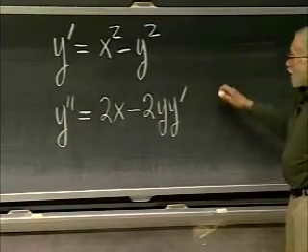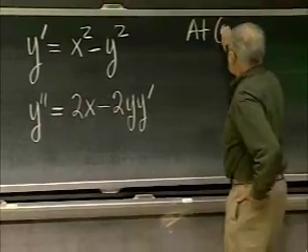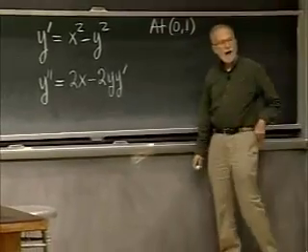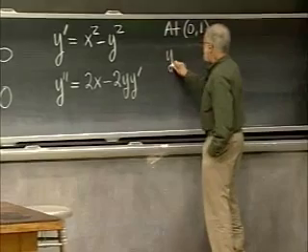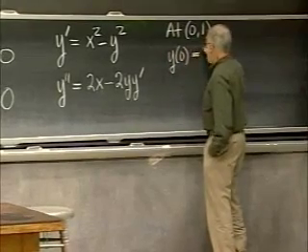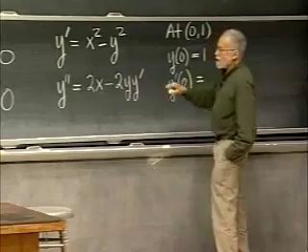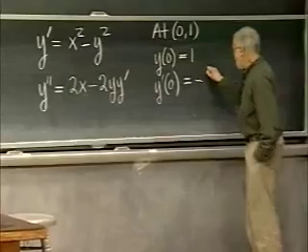So if I want to calculate at 0, 1, in other words, if my starting point is that curve convex or concave, well, let's calculate. y of 0 equals 1. Okay, what's y prime of 0? Well, I don't have to repeat that calculation. Using this, I already calculated that it was negative 1.